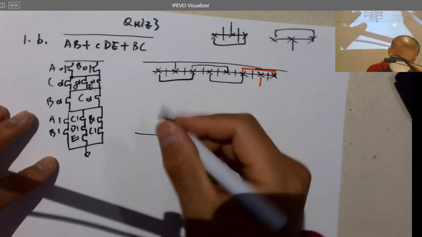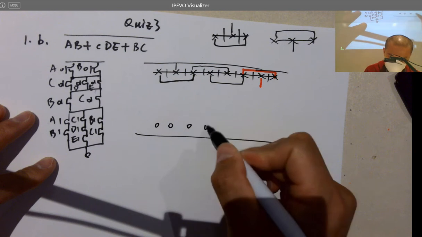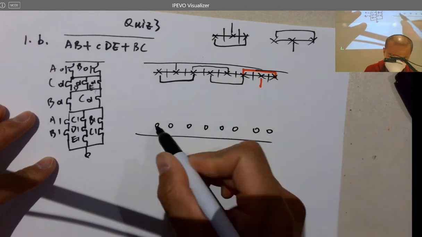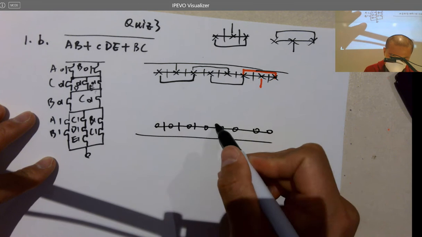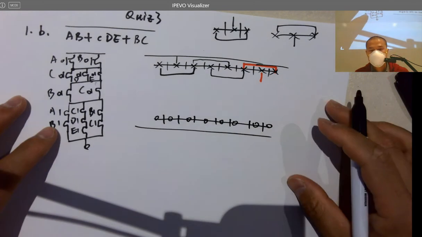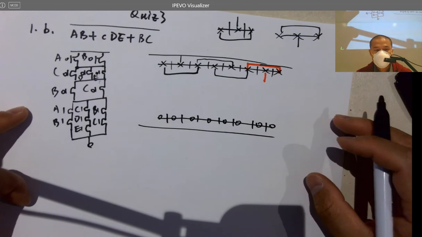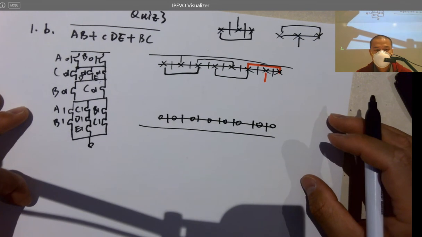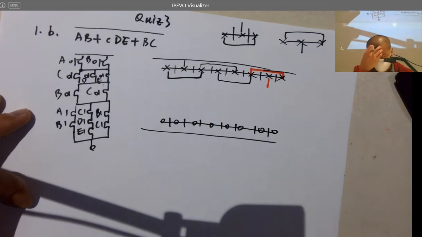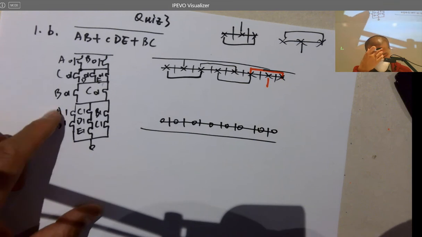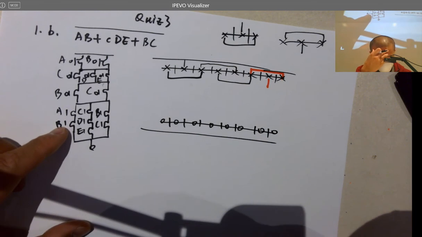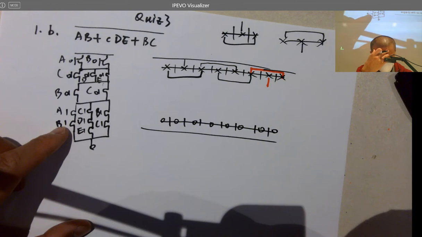Then bottom, 1, 2, 3, 4, 5, 6, 7, 8. So this will be easier. How to do that? Two in series. Yeah.